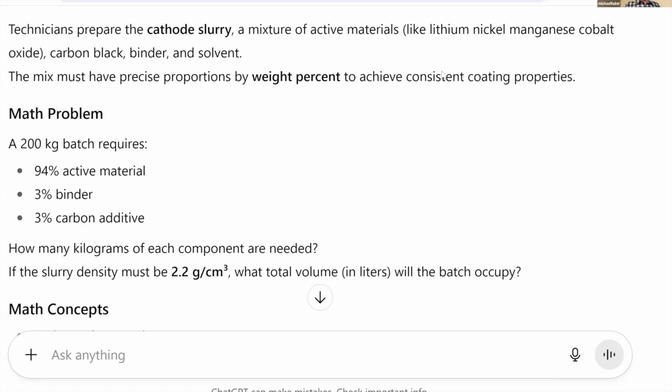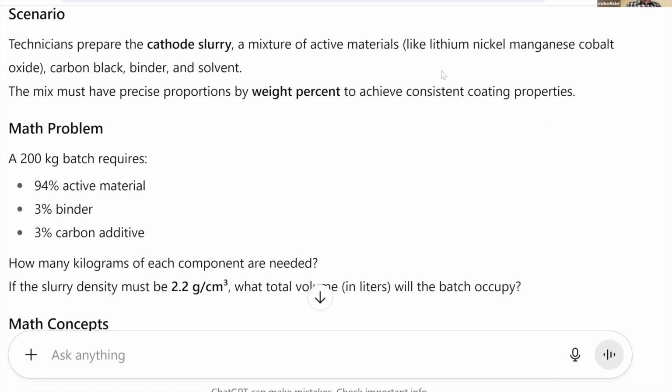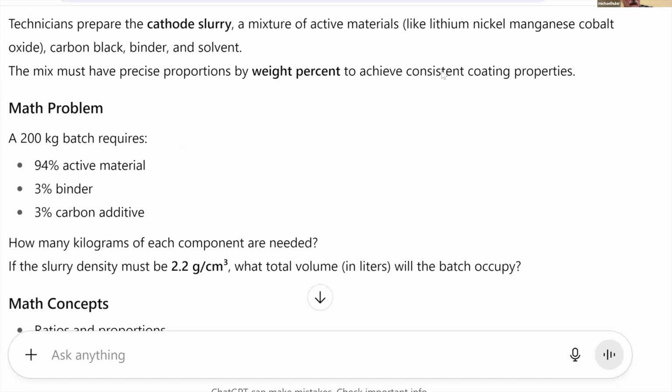Two questions were asked: how many kilograms of each component are needed, and what density or volume will it occupy. The scenario is a mixture of active materials like lithium, nickel, manganese, cobalt oxide, carbon black, and solvent. It took us a while to figure out that the 200 kilogram batch mentions nothing about the solvent and what it takes up, so we had to look that up.